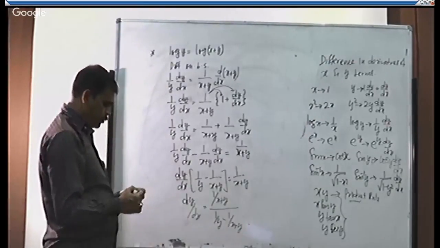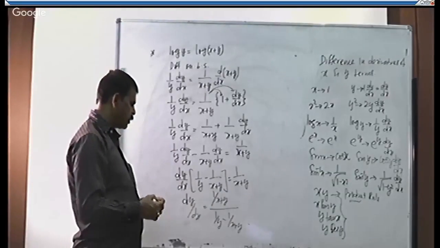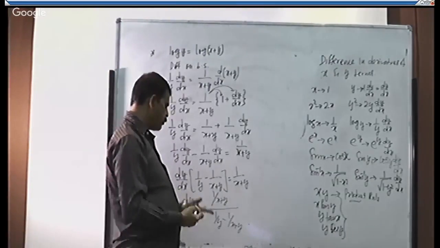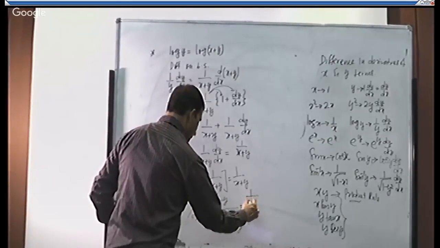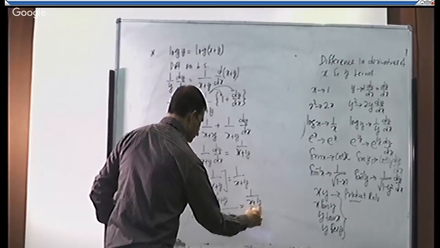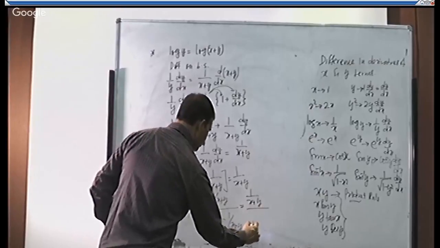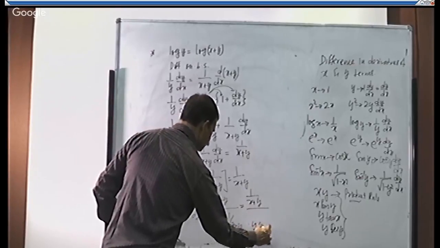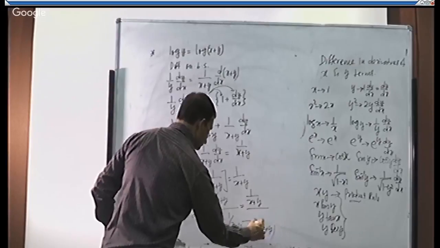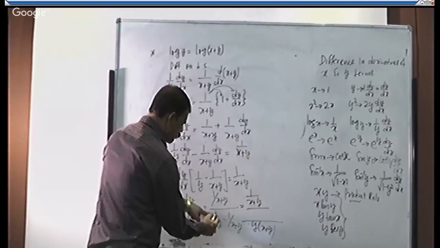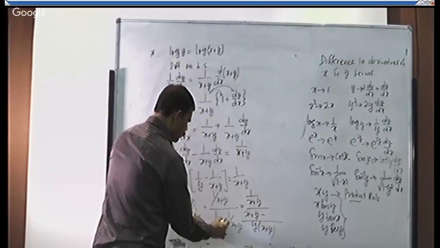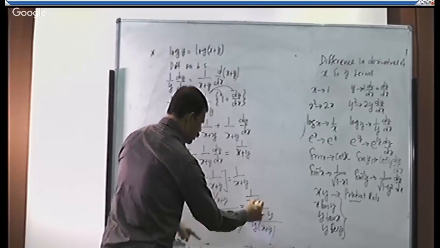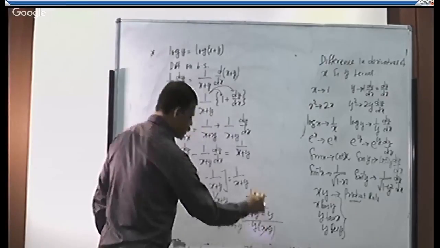If you need to simplify further, we have to take the LCM at the denominator. What is the LCM at the denominator? Y into x plus y. Then this becomes 1 into x plus y minus 1 into y, which is x. Now x plus y gets cancelled.